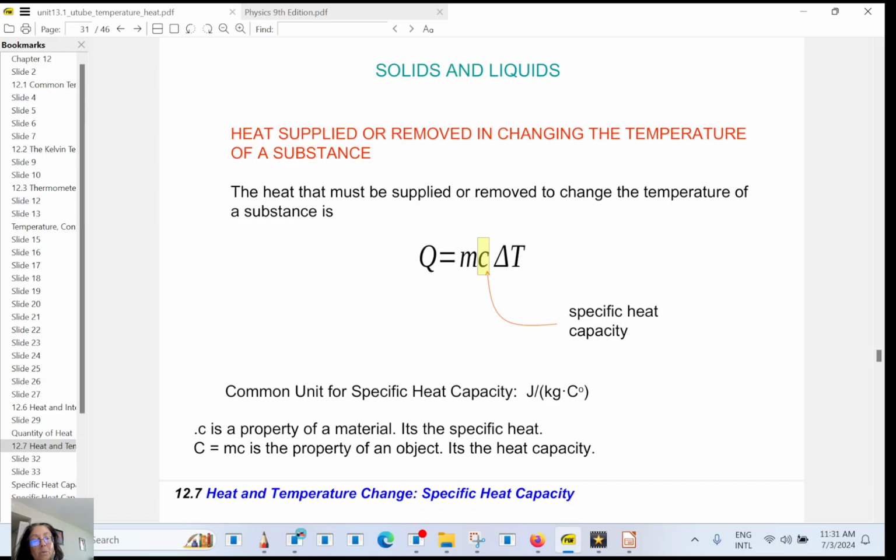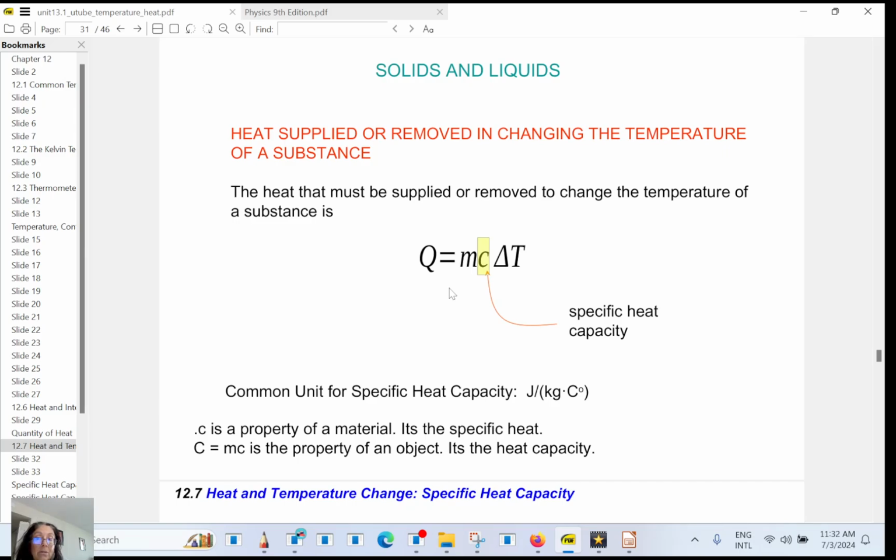So this is called the specific heat capacity. That means the amount of heat that you need to increase the temperature by 1 degree Celsius for 1 kilogram of the substance.